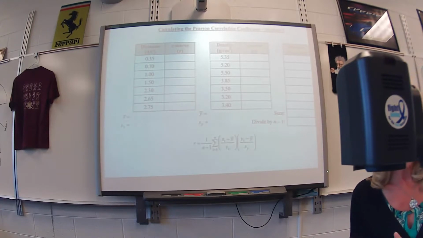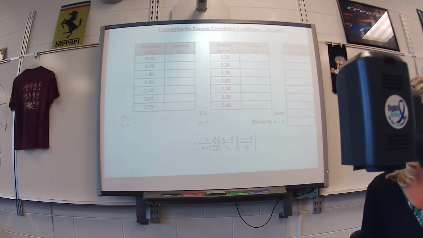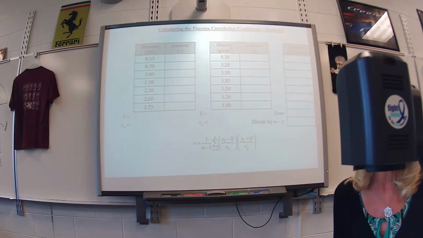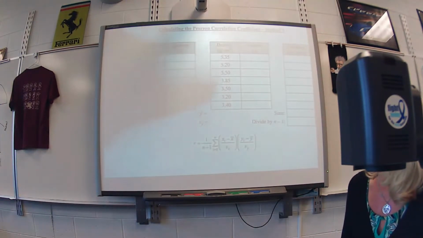However, this formula I think is good for showing why R is or is not resistant, okay? And we'll talk about that after we go through the example. So we're going to be using the same data that we had on Friday.